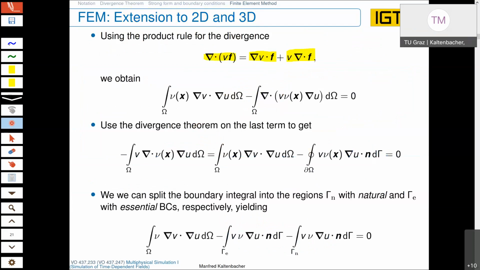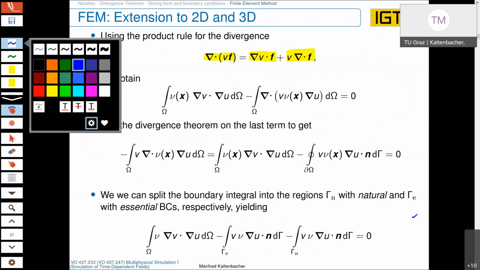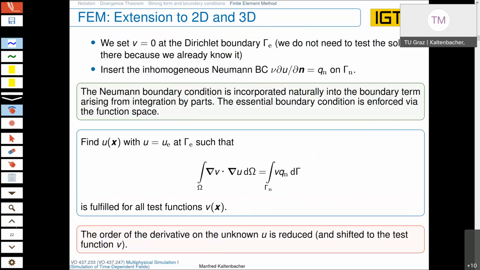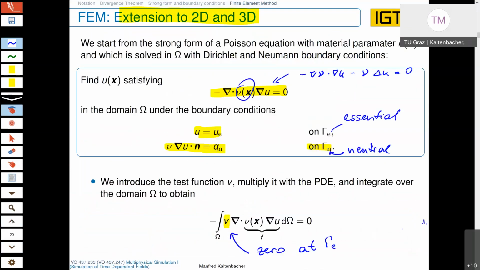So this is the term which we want to get rid of. Because behind f, as we know, is the gradient of the unknown u, and then we would have a second order spatial derivative, and that we want to get rid of.